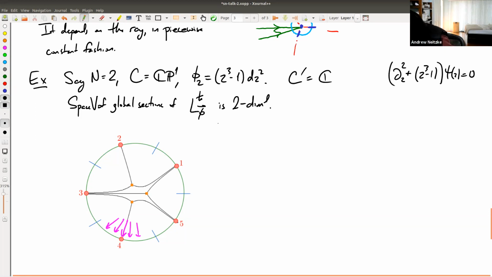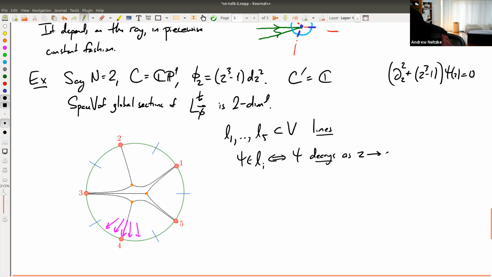So inside of V, we have these 5 lines, L1 up to L5. So we've got a two-dimensional vector space with 5 lines. So psi is in Li if and only if psi decays as z goes to infinity in sector i.